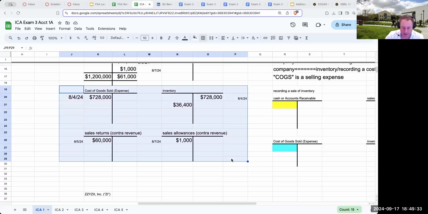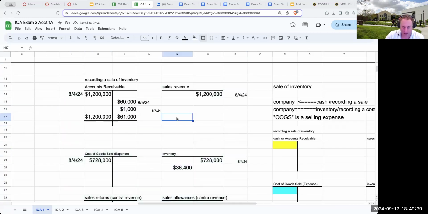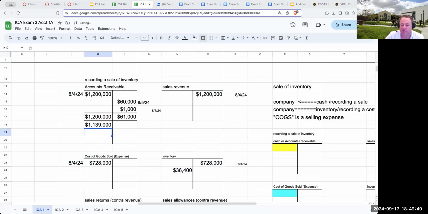So what we need to go through and do right over here, basically for this customer, is we need to say, okay, how much does the customer owe us? Well, they owed us 1.2 million, but then they basically returned 60,000 worth of stuff, and then we gave them a $1,000 allowance. So the customer owes us 1,139,000.